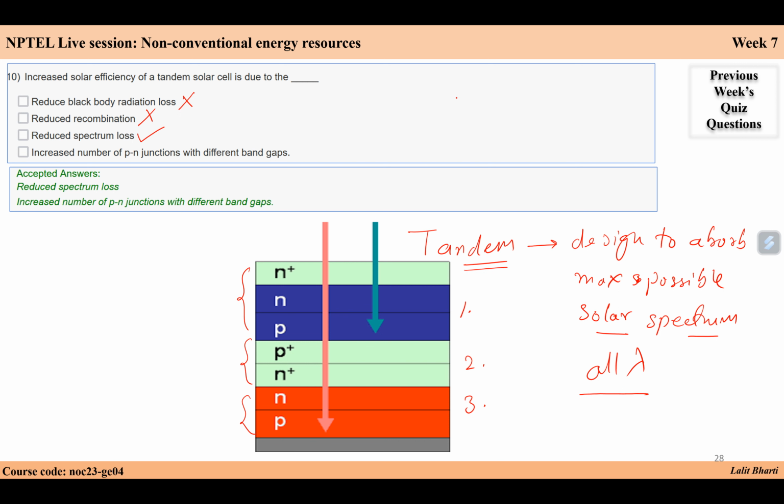They are designed to absorb the maximum possible solar spectrum range.